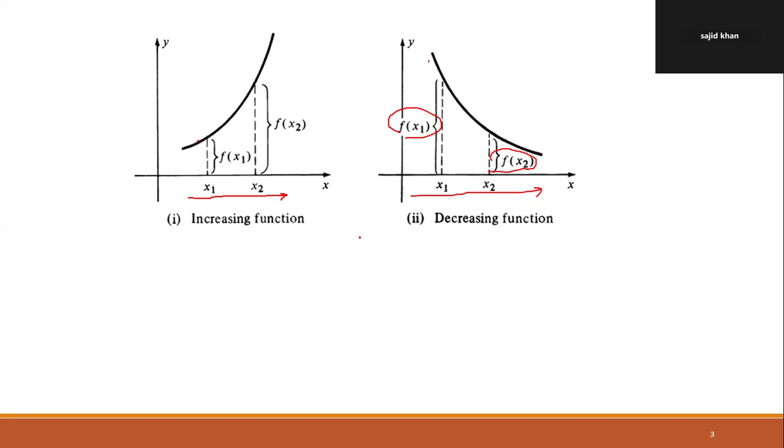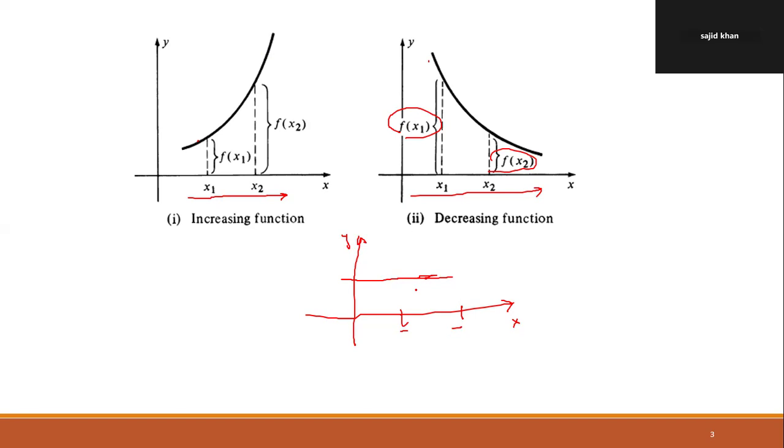And the third case: for any two values x1, x2 over the x-axis, with the y-axis as the vertical axis, if the graph is parallel to the x-axis, it means the function value at two different locations x1 and x2 is the same.